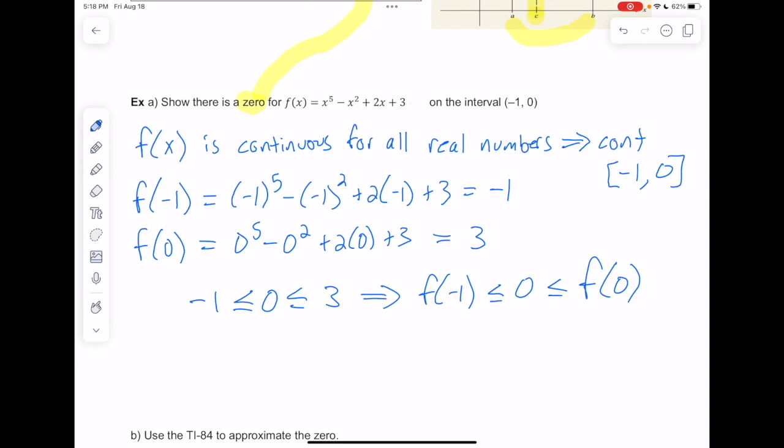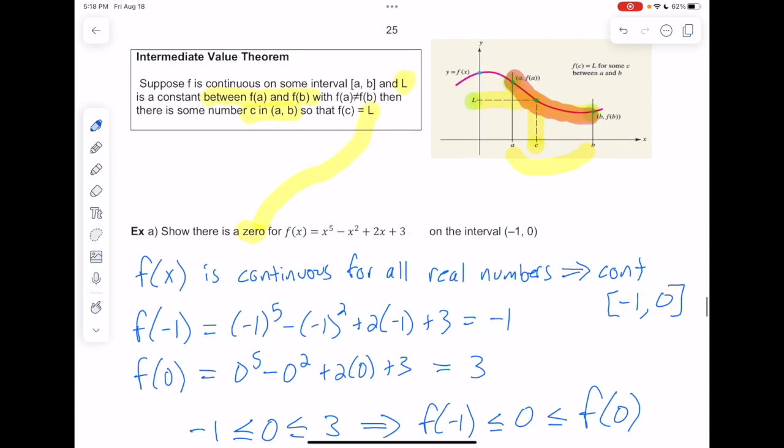So let's see where we are on the intermediate value theorem. How much do we have? Are we there yet? When you're trying to use a theorem, you always want to try and show that you have all the if pieces, and then you get the then for free. They didn't use the word if, but they used the word suppose. So we need all those suppose parts. Did we show that f is continuous?